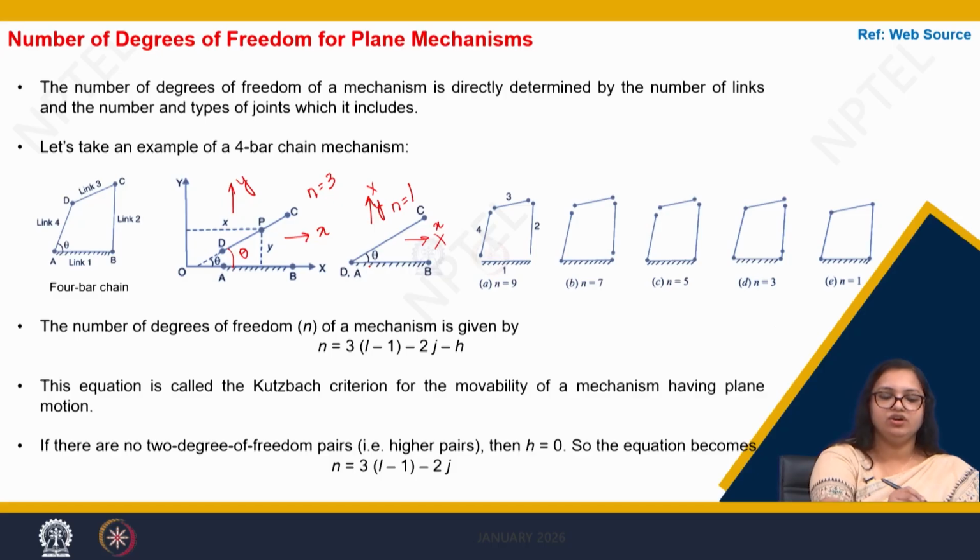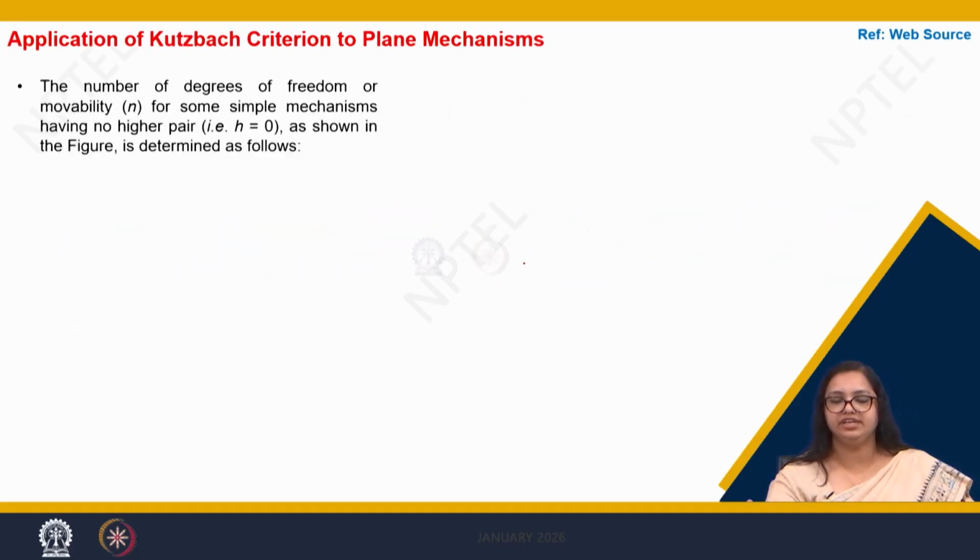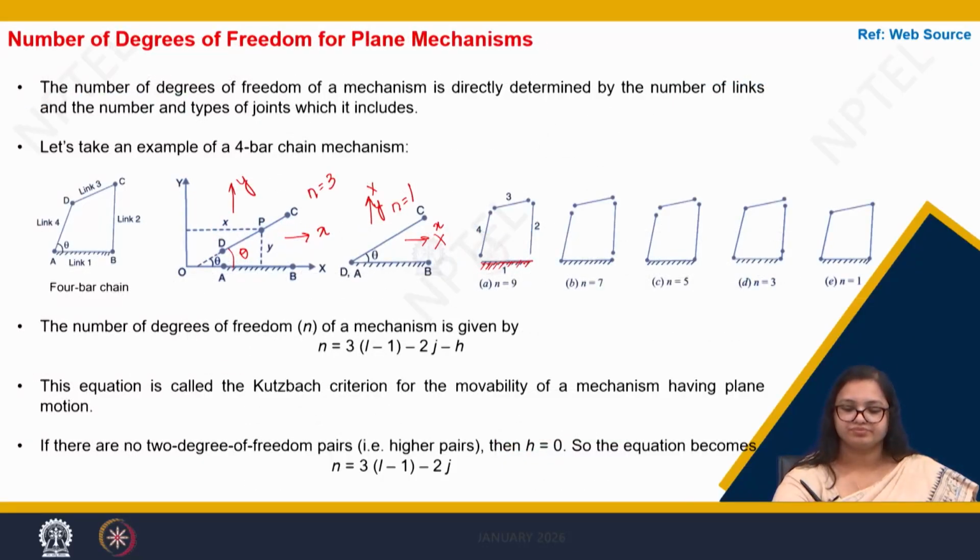So when we take all these 4 links in the XY coordinate space, here we see that the link 1 is fixed, so it does not have any degrees of freedom.